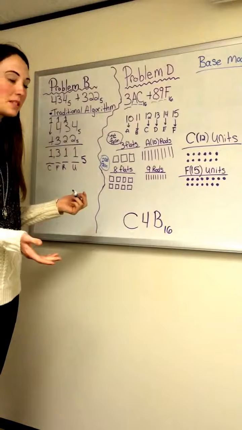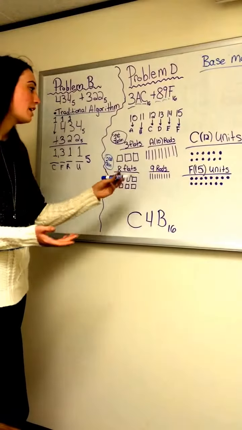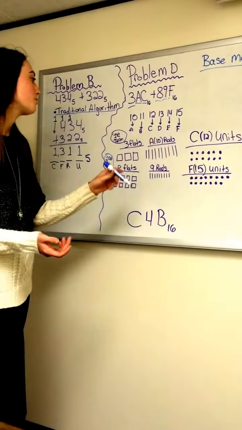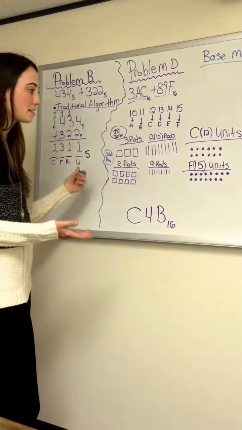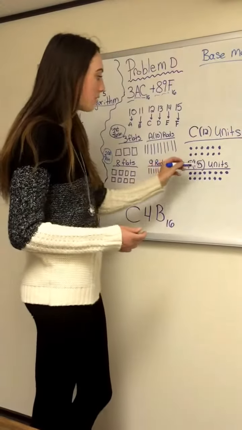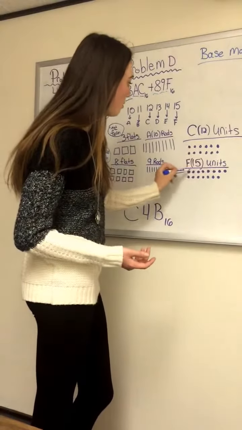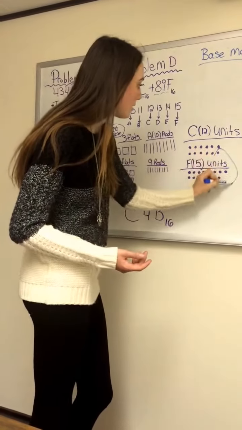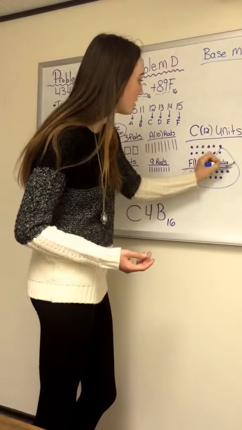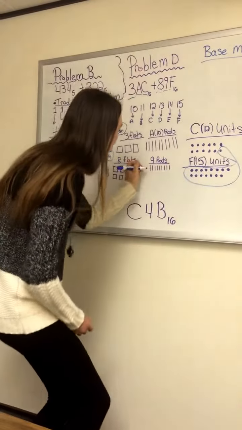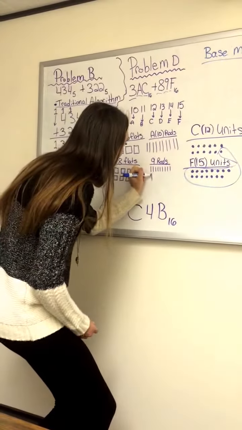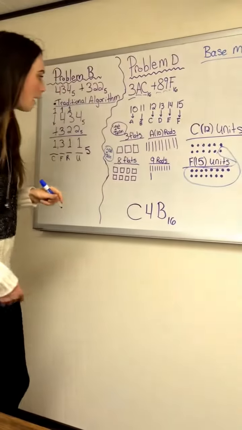And since we're adding them together, we're going to be trading in units for rods and rods for flats if we can. Here we have 15 and we need to get to 16 to trade in for a rod. So we'll just do one of these and 15, which is 16, and we'll trade it in for a rod, and I'll just put that one right here.